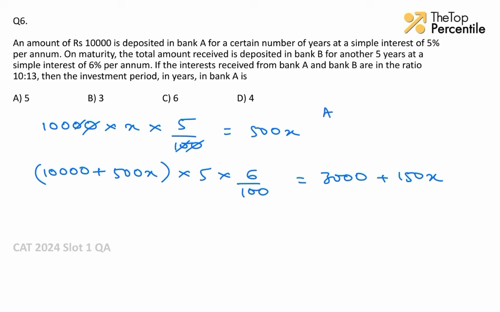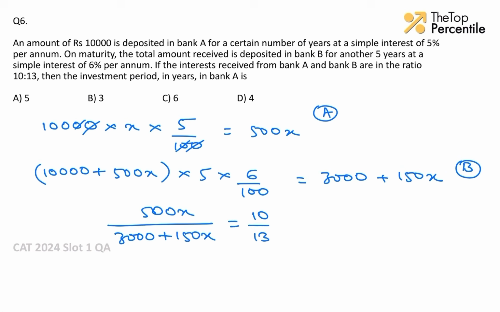This is the interest received from bank A. This is the interest received from bank B. The ratio is 10 is to 13. So let's write it: 500x upon 3000 plus 150x is 10 by 13.